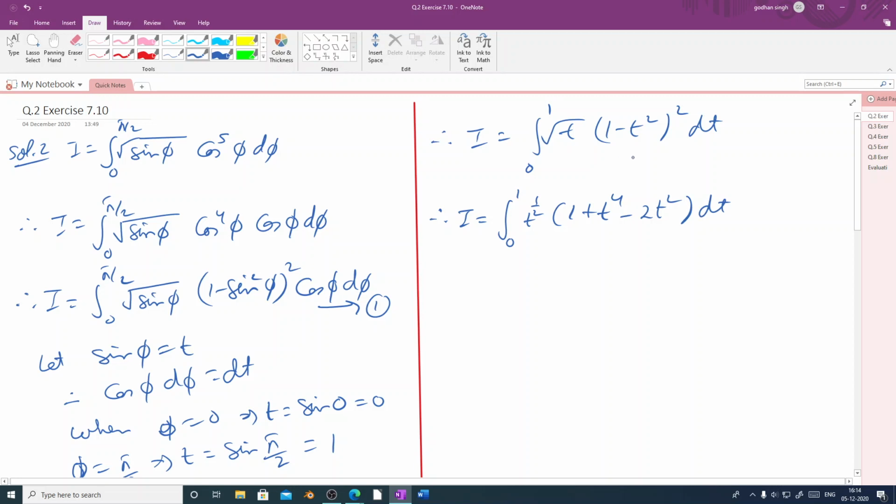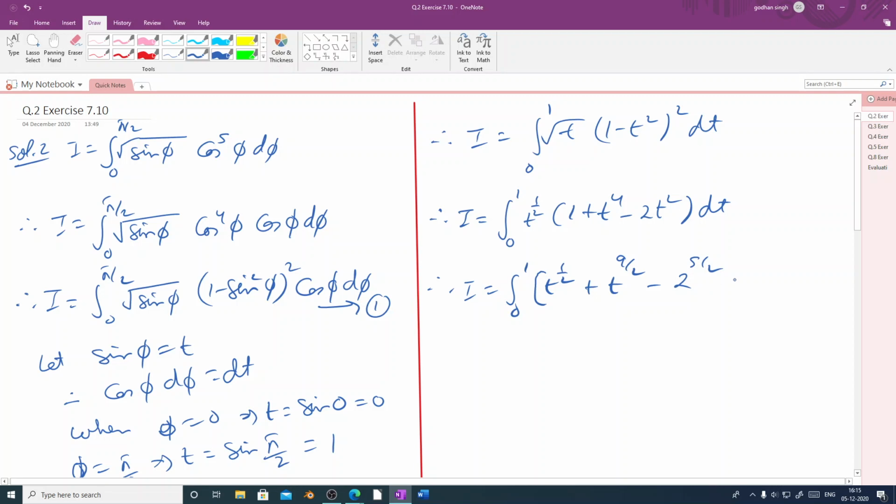Because the expansion of (x minus y) whole square is x square plus y square minus 2xy. So I equals the integral from 0 to 1 of t raised to half, plus t raised to 4 plus half, that is t raised to 9 by 2, minus 2 t raised to 2 plus half, that is 5 by 2.